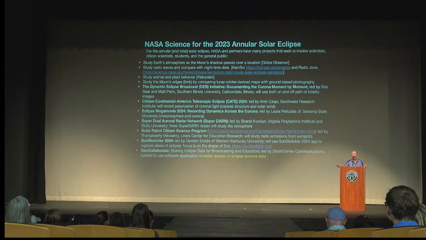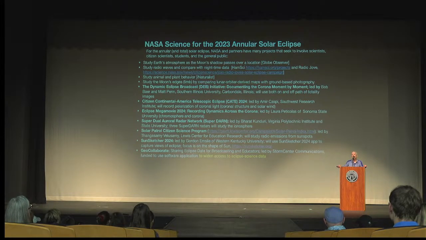Now, this alphabet soup is something I would not normally do on a slide. There are way too many words on that slide. But I wanted you to get a feel for how many activities are possible. These are things for you to investigate for the annular eclipse and for the total eclipse.